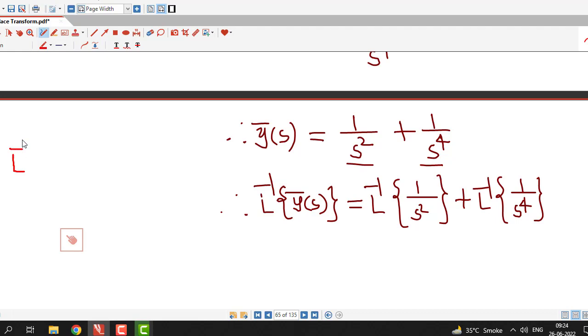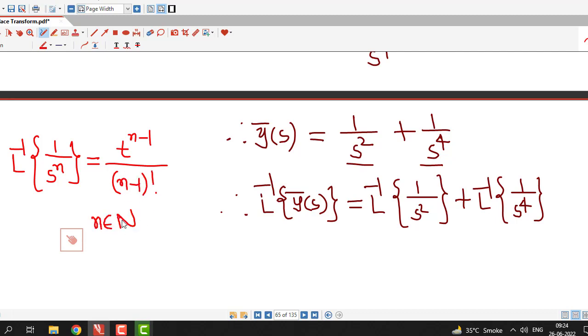Now we recall the formula for the inverse Laplace transform of 1 by s raised to n. It is nothing but t raised to n minus 1 divided by n minus 1 factorial, if the power is a natural number.